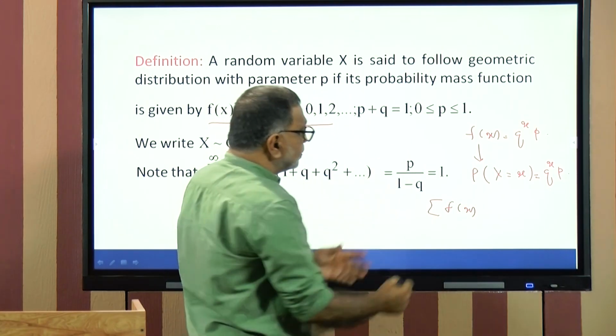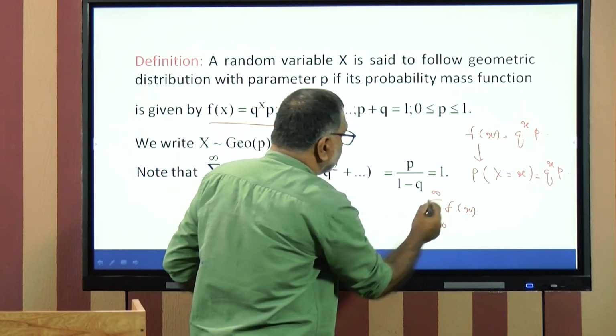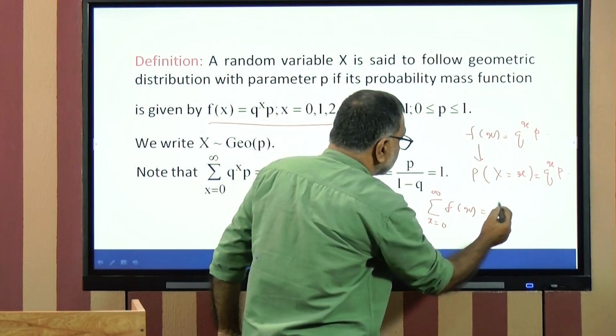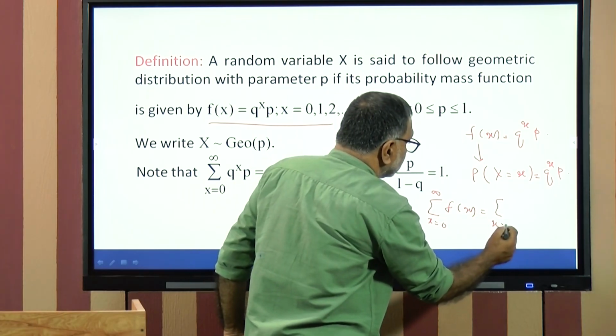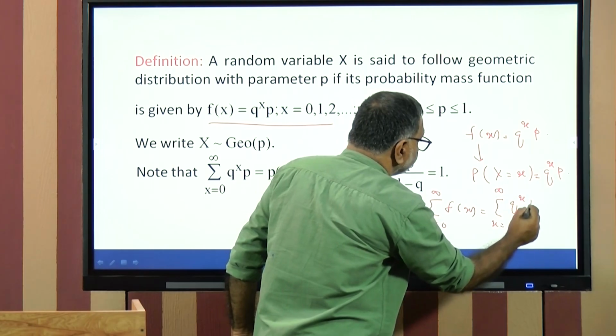And note that the summation of f of x over x, where x has the values from 0 to infinity, is equal to the sum over x equal to 0 to infinity of q power x into p.